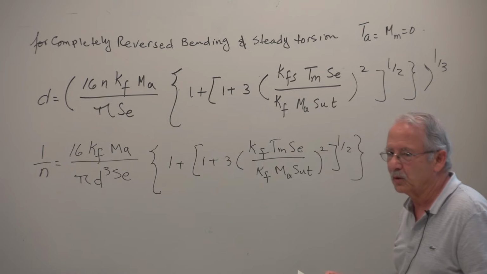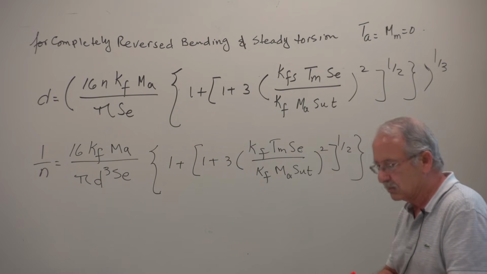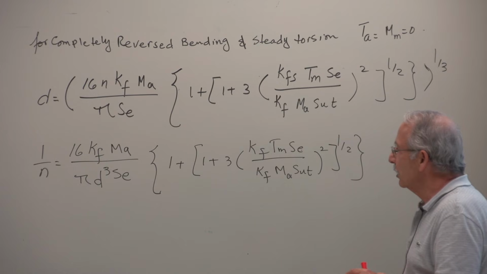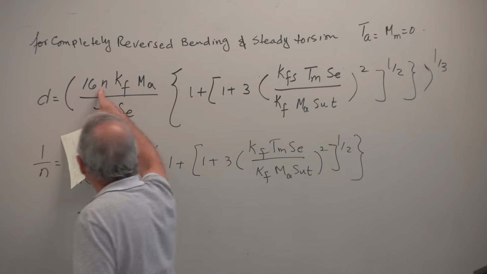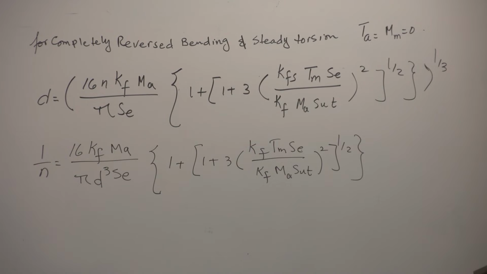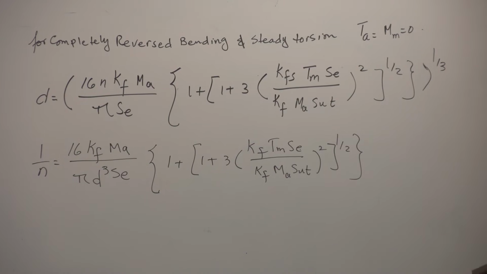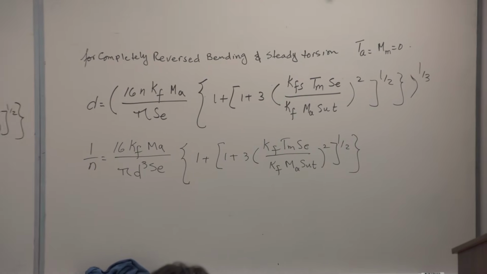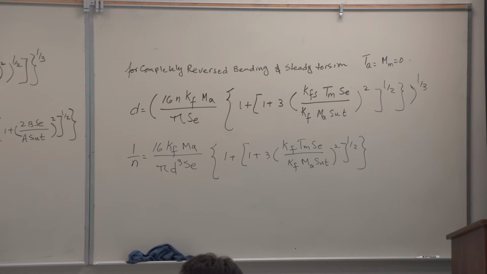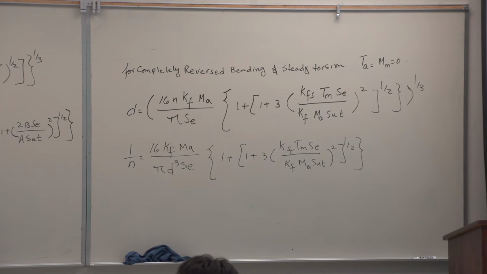And you see that the two equations are actually one equation. To get the lower equation from the upper equation, you solve for n. That's what you get. That's all. And in the other one, you solve for d cubed. That's why you get the 1/3.